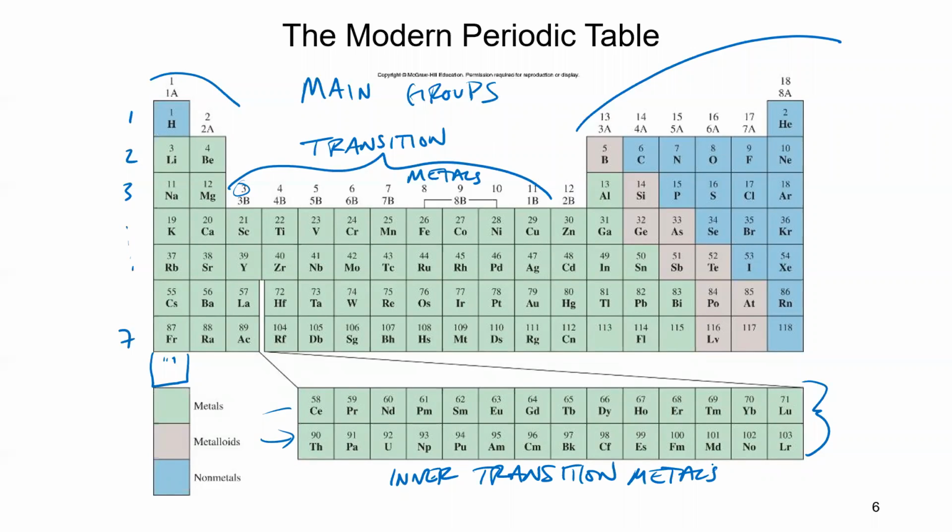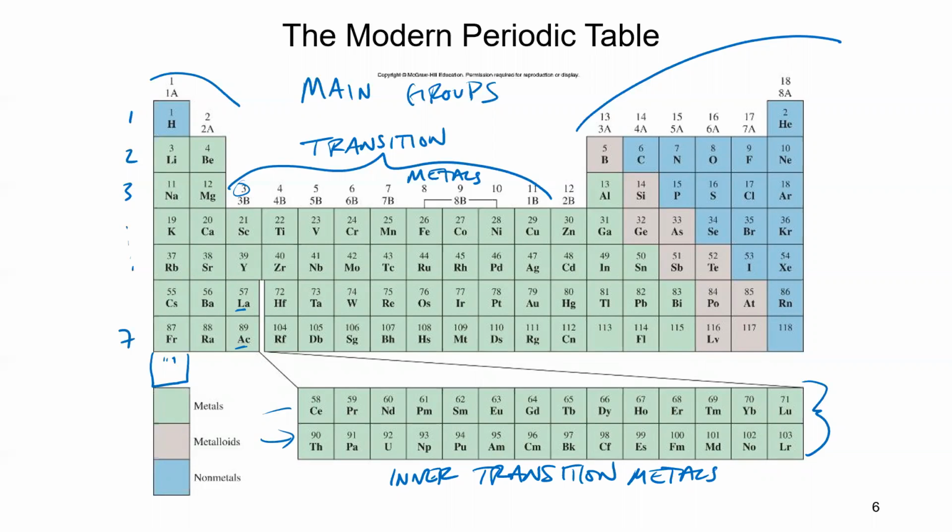You may also see them called the lanthanides and the actinides, because lanthanum and actinium are the first elements there. I won't use those terms, but if you see it, don't let it confuse you. The inner transition metals.